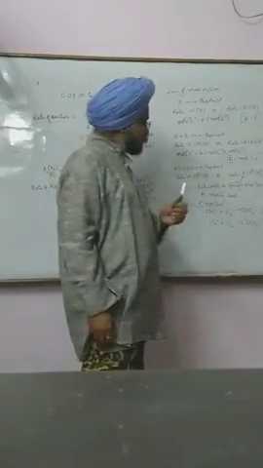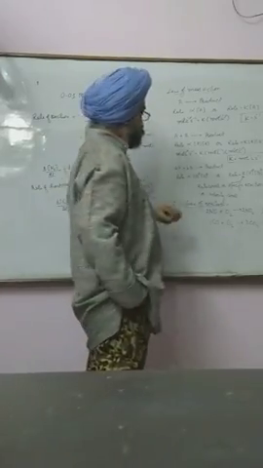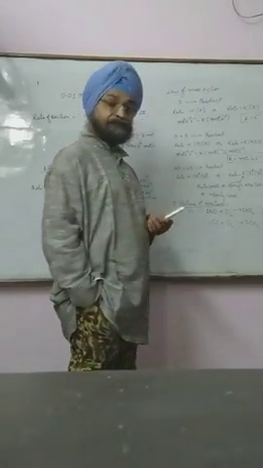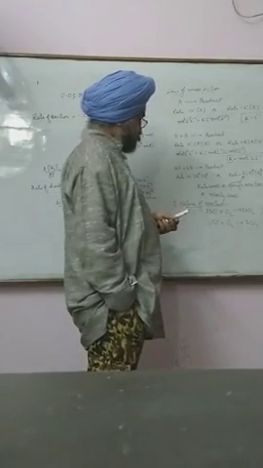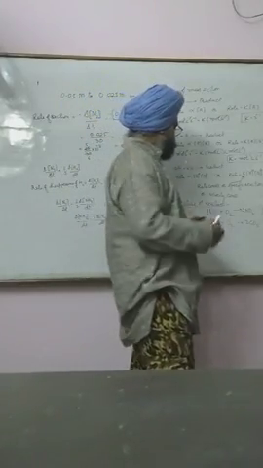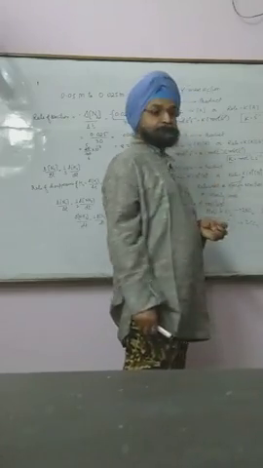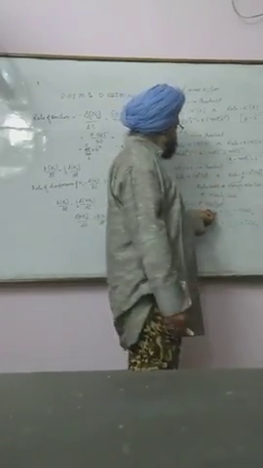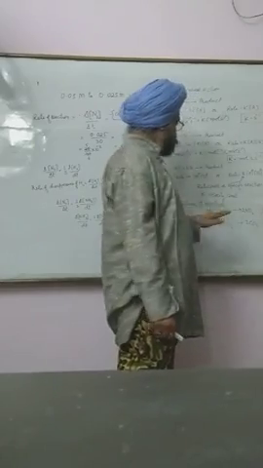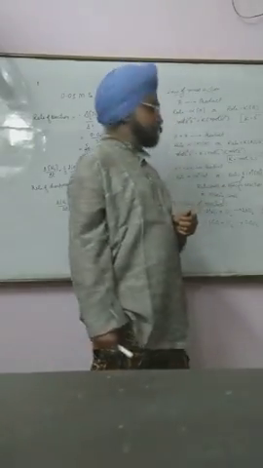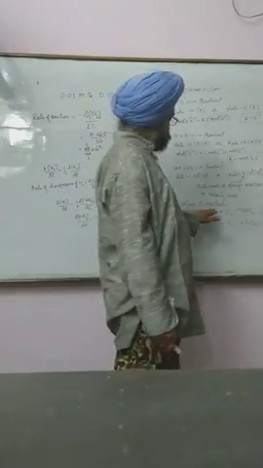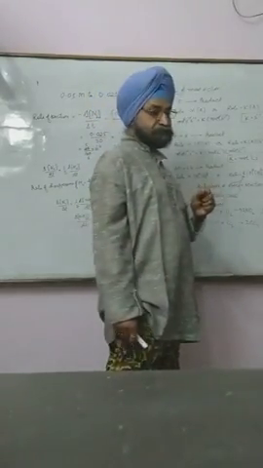Though they appear to be similar, the rates are different. There is very low stability of NO in comparison to CO, and hence very less energy is needed for the reaction to take place, and hence this reaction proceeds at much faster rate than that of this one.